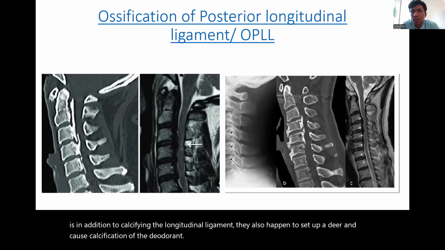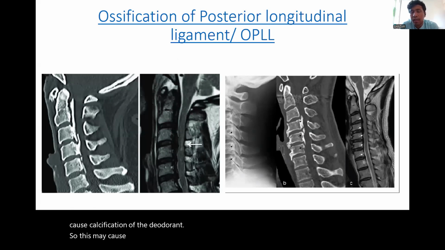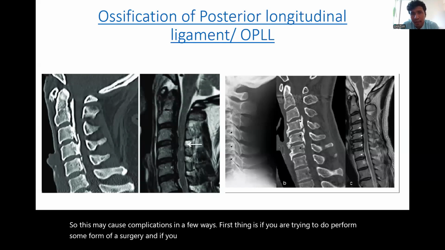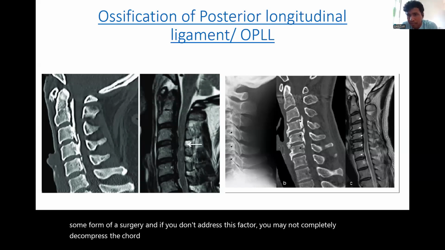So this may cause complications in a few ways. First, if you are trying to perform some form of surgery and you don't address this factor, you may not completely decompress the cord, leaving a half-done job.